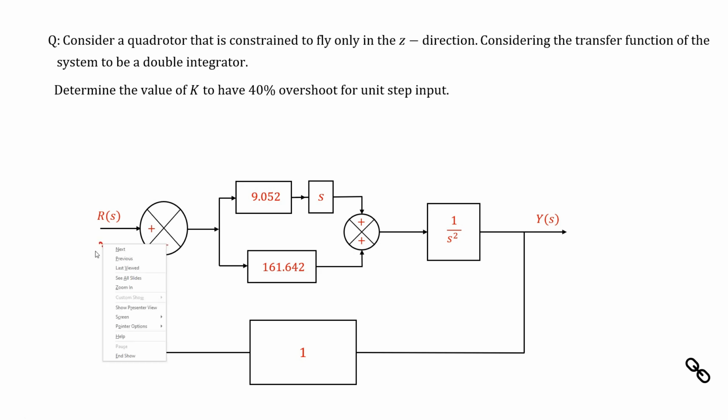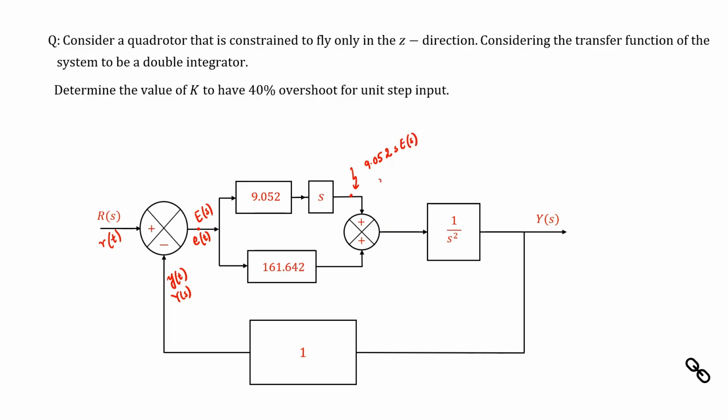Here the reference signal will be in the time domain r(t). The feedback, since we are taking unity negative feedback, here the feedback will be the y(t) signal itself, and here we will have e(t). And in the Laplace domain, this is E(s) and this is Y(s). Now, notice what will be the output at this point. The output at this point would be 9.052s into E(s).